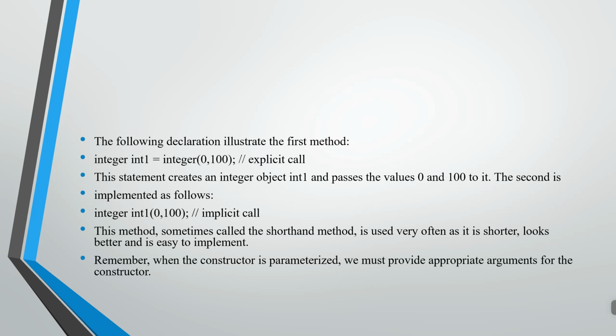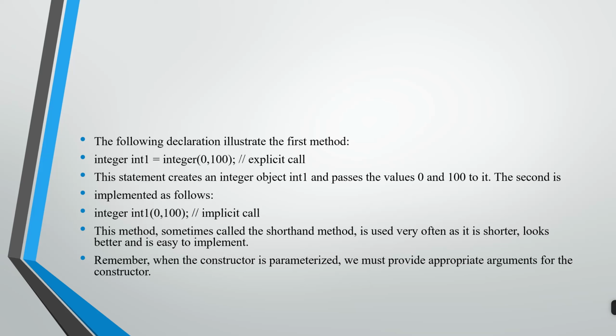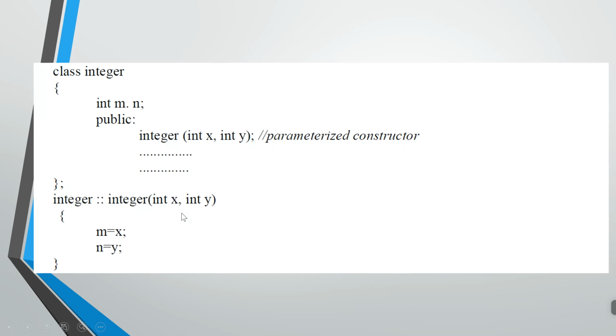So here, for example, if I mention integer int1 of 0, 100, what do you mean by int1 of 0, 100? You are passing the parameters 0 and 100 here.